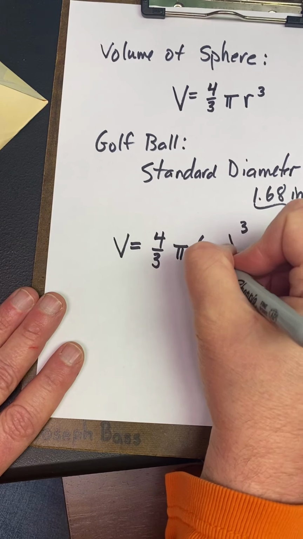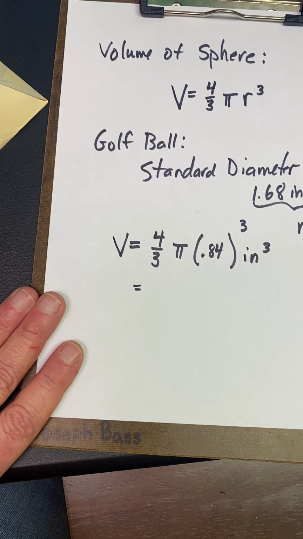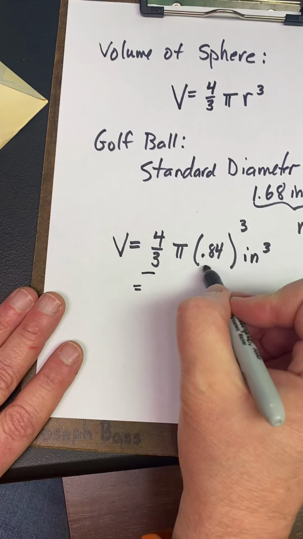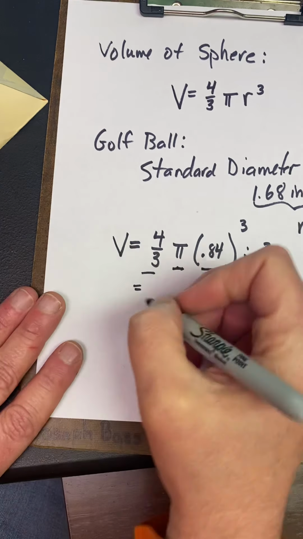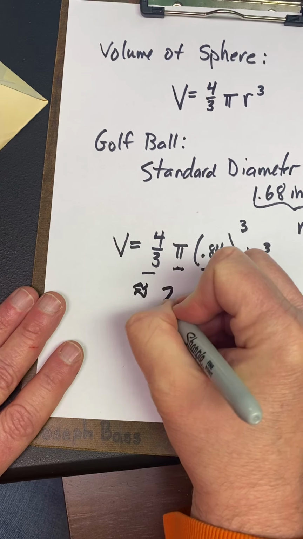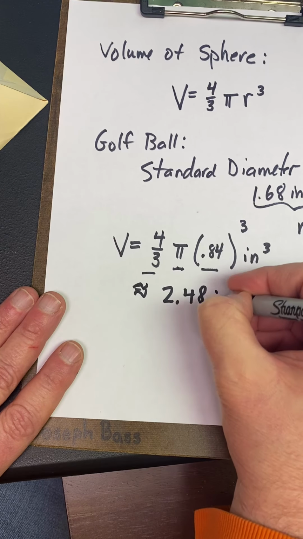So 0.84 cubed, and those are going to be cubic inches. What is that? 0.84 to the 3rd power on my calculator times 4/3. And then I'm going to estimate. So that times an estimate of pi is approximately 2.48 cubic inches.